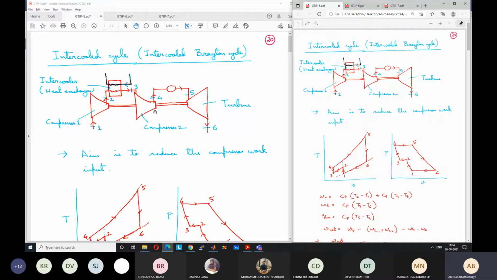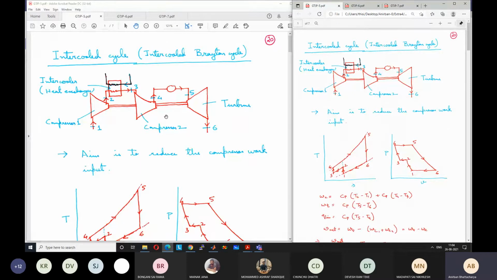There are two important parameters: the compression ratio R and the temperature ratio T, maximum to minimum temperature. We have seen that the efficiency did not vary with T, it only varied with R, but the work output varied with both R and T.